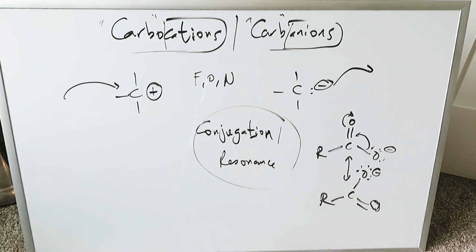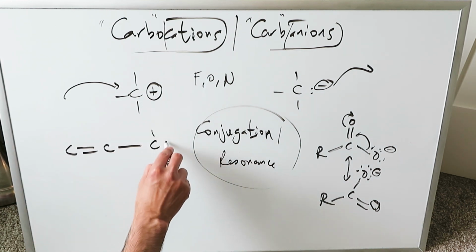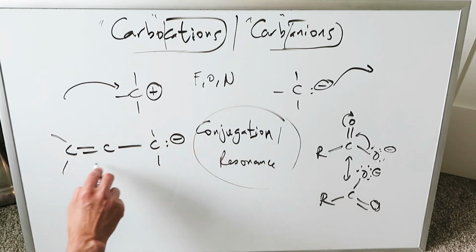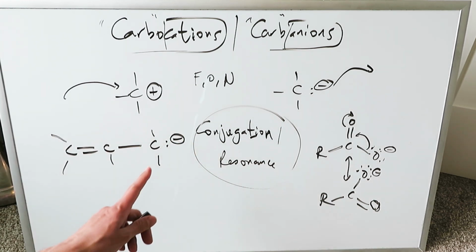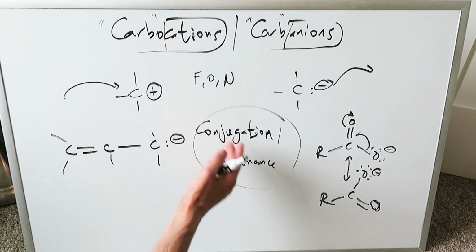Let me show you just one example using the actual carbanion, and we'll end with that. You have a compound which looks just like this, and again, we're not naming it by any means. It looks like this. You can spread that negative charge over the compound by means of resonance conjugation effect.